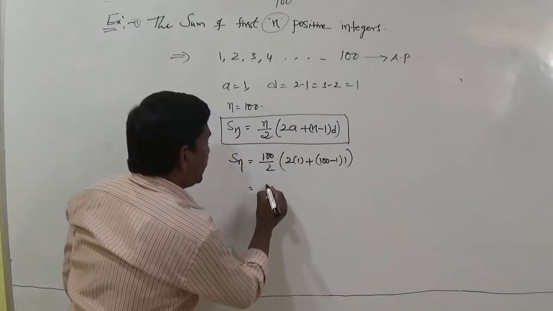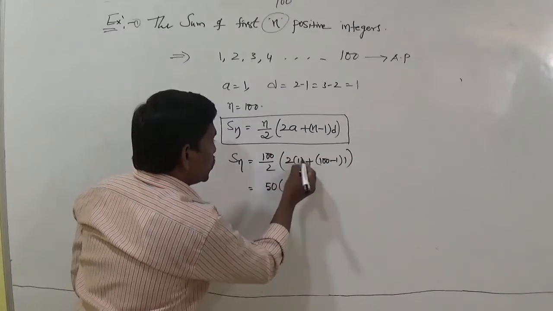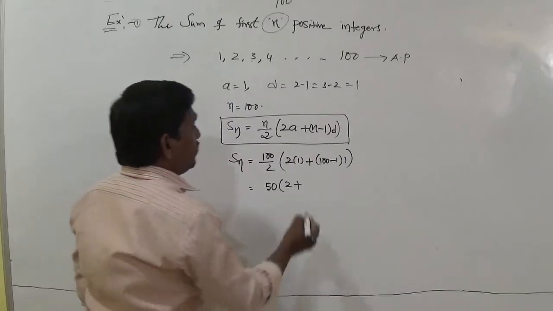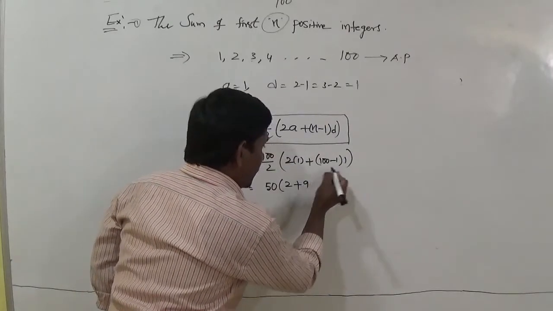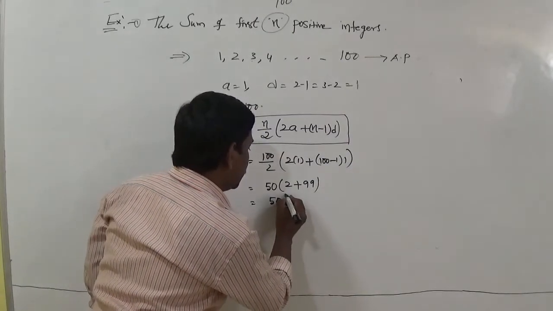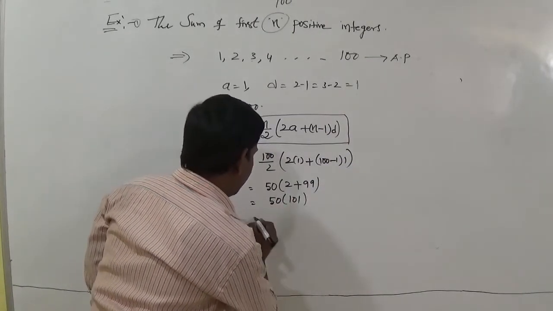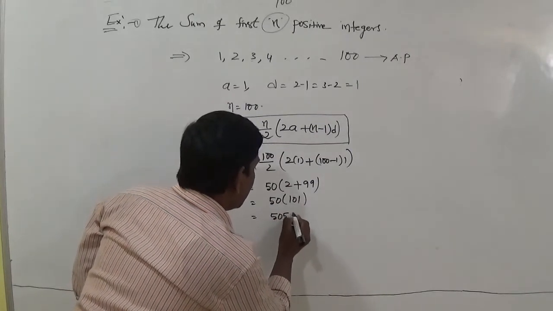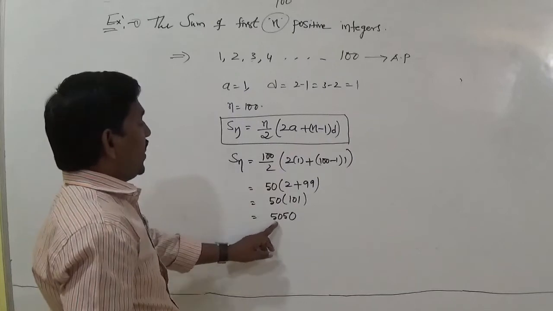This is 100 by 2 which is 50, into (2 plus 99 into 1), 50 into 101, that means 5050.